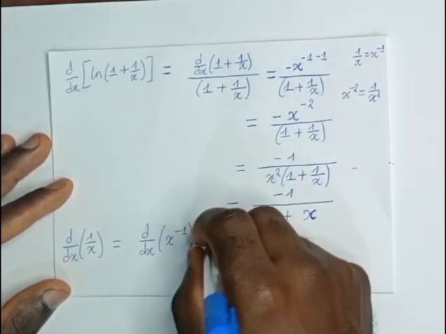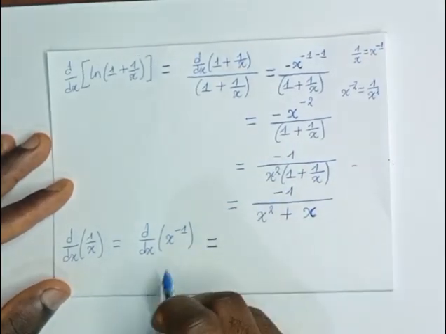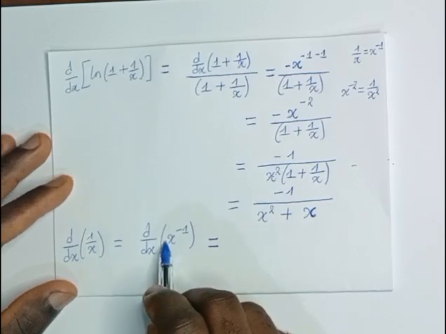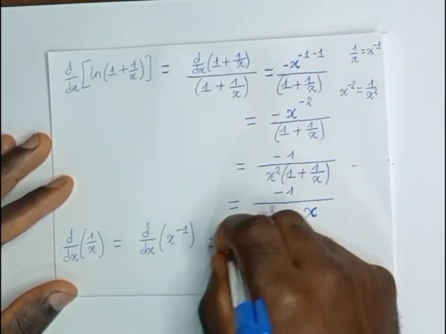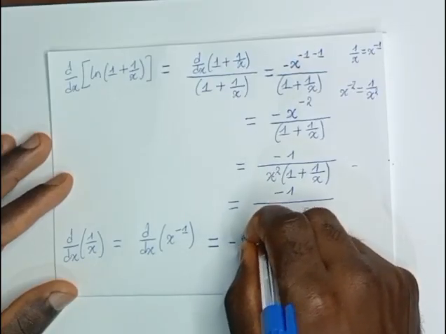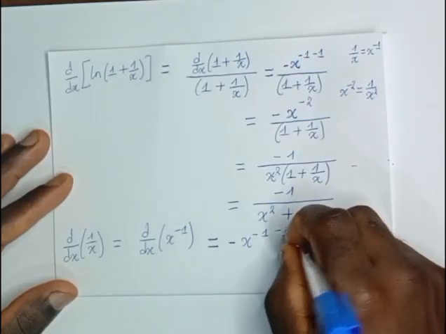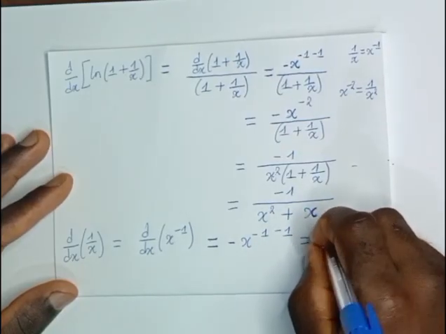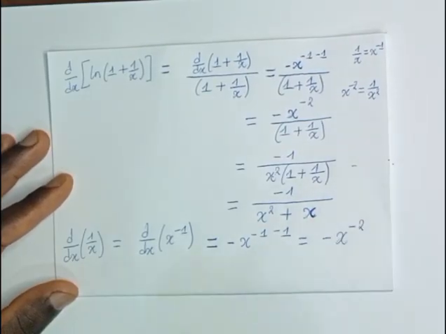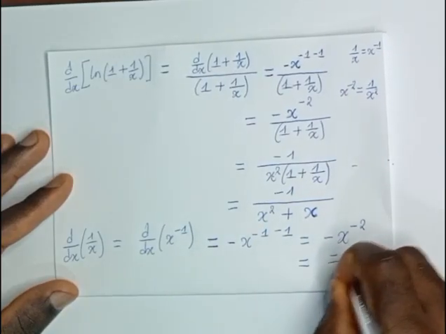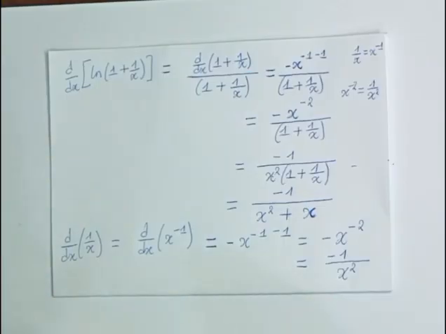This will simply be equal to, differentiating this, we multiply by the power, which is negative 1, gives us negative x to the power negative 1, then we subtract 1 from the power. This will simply be equal to negative x raised to the power negative 2, which we can express as negative 1 all over x squared. This is the derivative of what we have at the denominator.